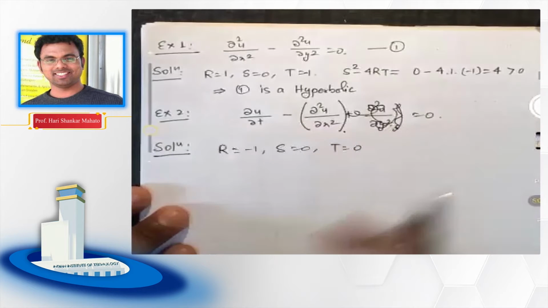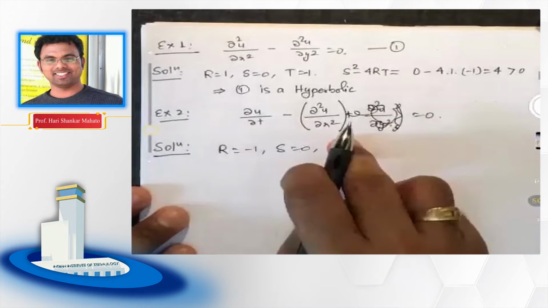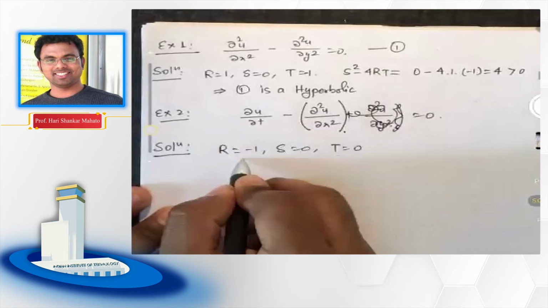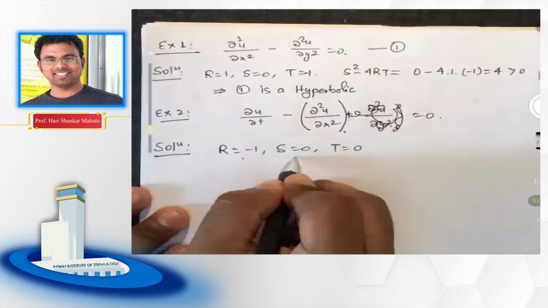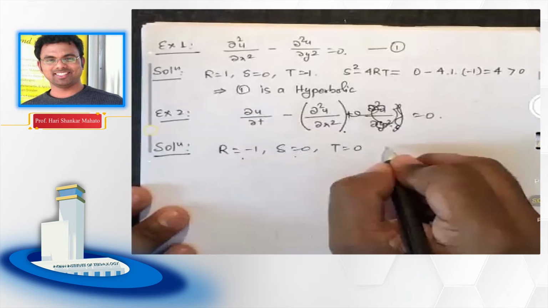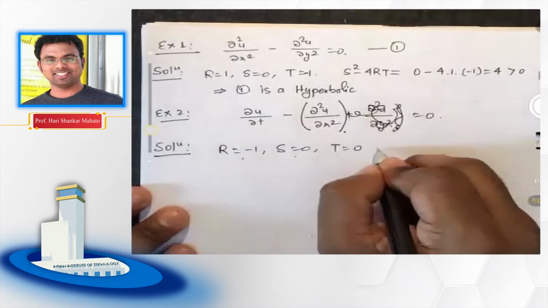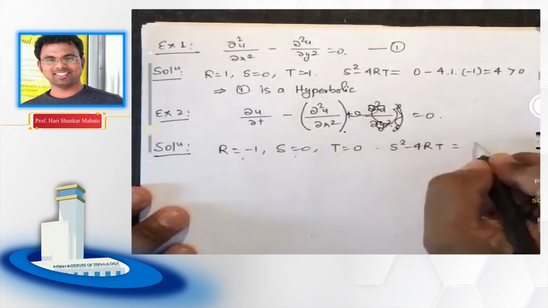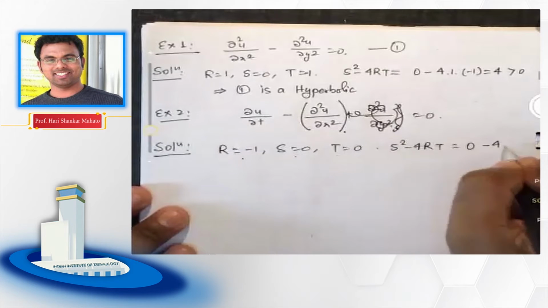So basically what we have is del u del t minus del square u by del x square equals to 0. So here R is -1, S is 0, and T is also 0. So when you calculate S square minus 4RT, it will give you 0 minus 4, R is -1, and T is 0.